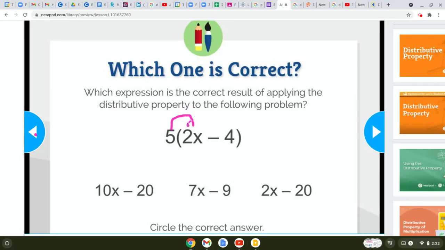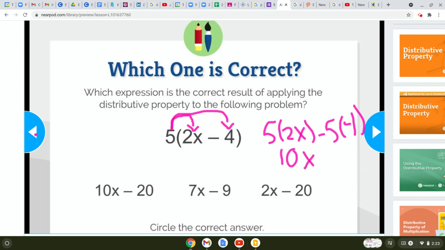I see the first term here is 2x. And the second term is going to be negative 4. So that gives me 5 times 2x minus 5 times 4. 5 times 2x, that's going to give me 10x minus 5 times 4, that is 20.